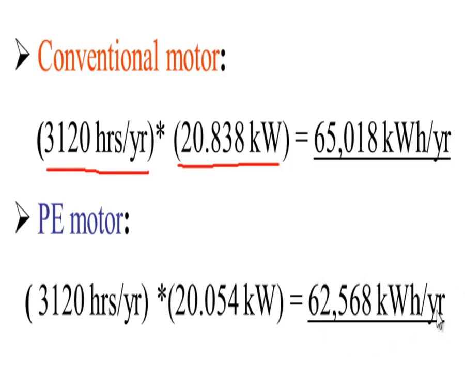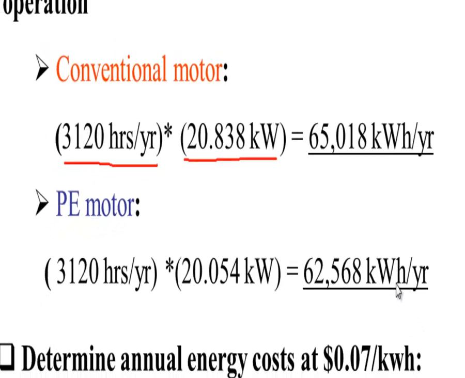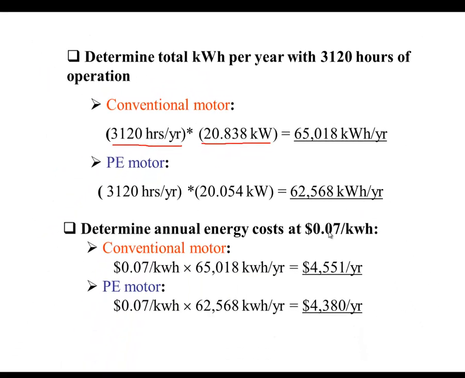So the kilowatt hours per year is less for the PE motor than the standard or conventional motor.